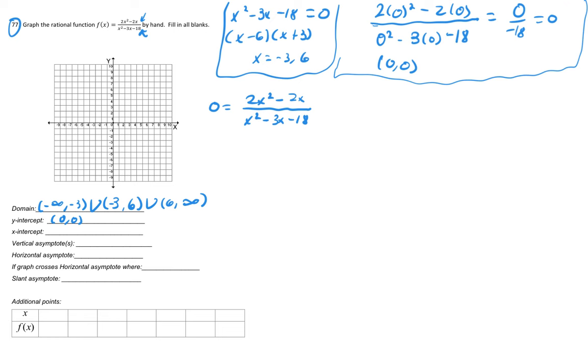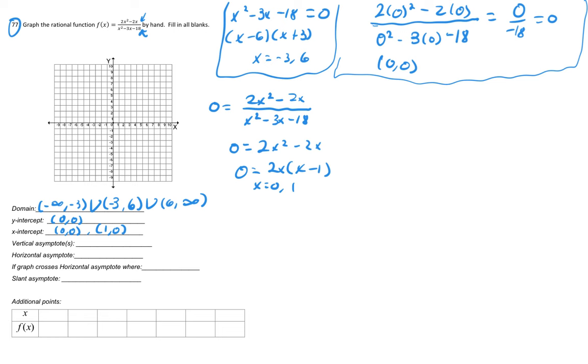So we can just set the top equal to 0. 0 is equal to 2x, x minus 1, so x equals 0 and 1. So those intercepts will occur at 0, 0 and 1, 0.